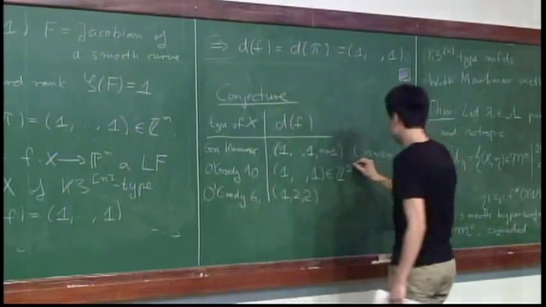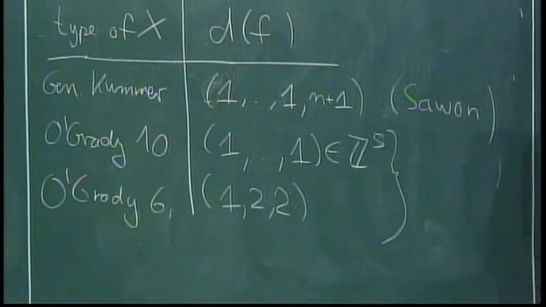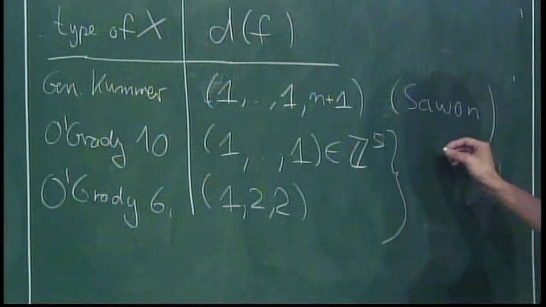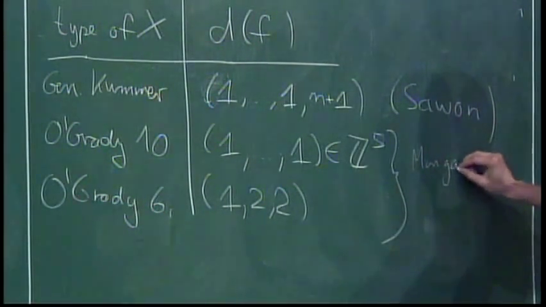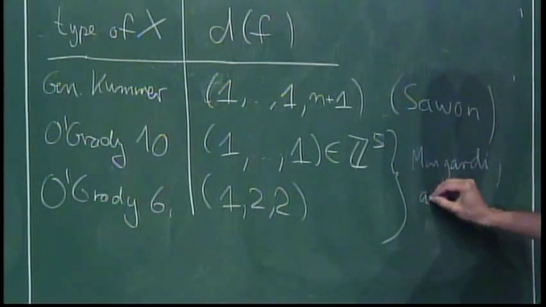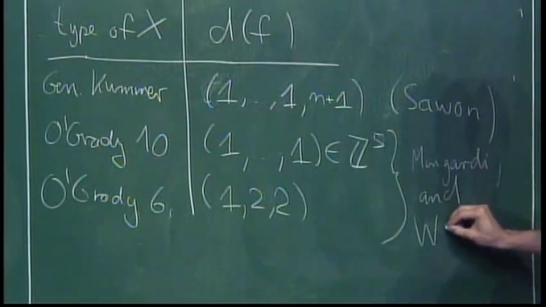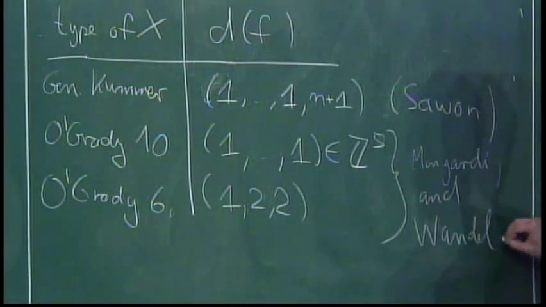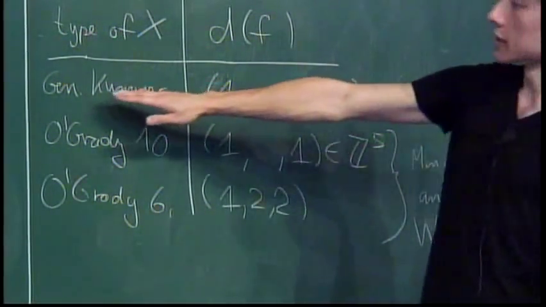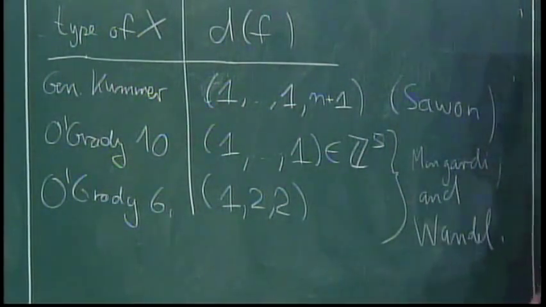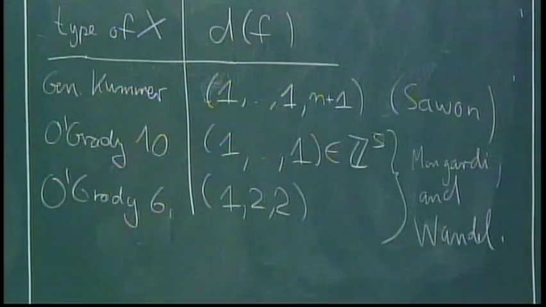And both of these conjectures come from examples of Mongardi and Wandel. Yeah, and currently I'm working on the generalized Kummer deformation type. Yeah, it's basically finished.